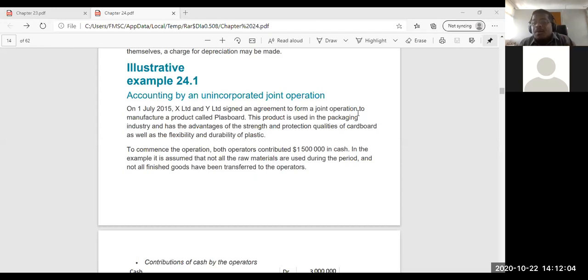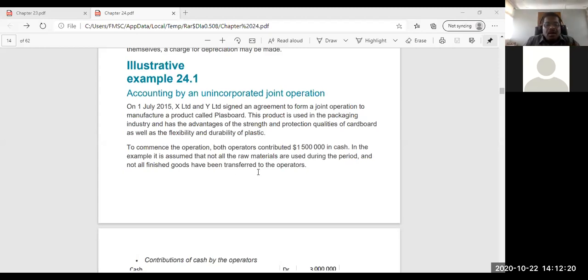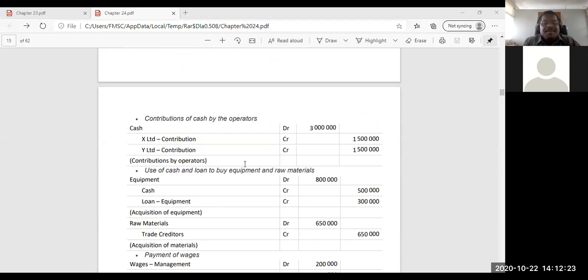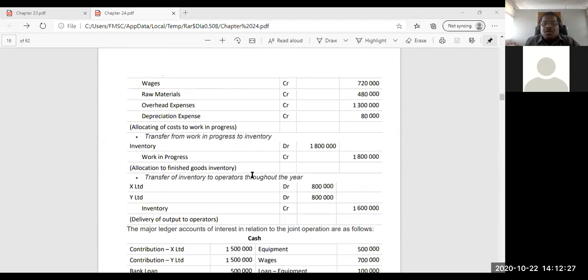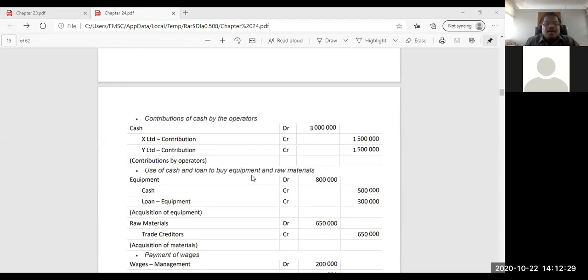It's similar to a sole proprietorship. If it is a single operation, normally cash, credit, debit, relevant assets, normal journal entries are passed. These are the journal entries recorded in the books.